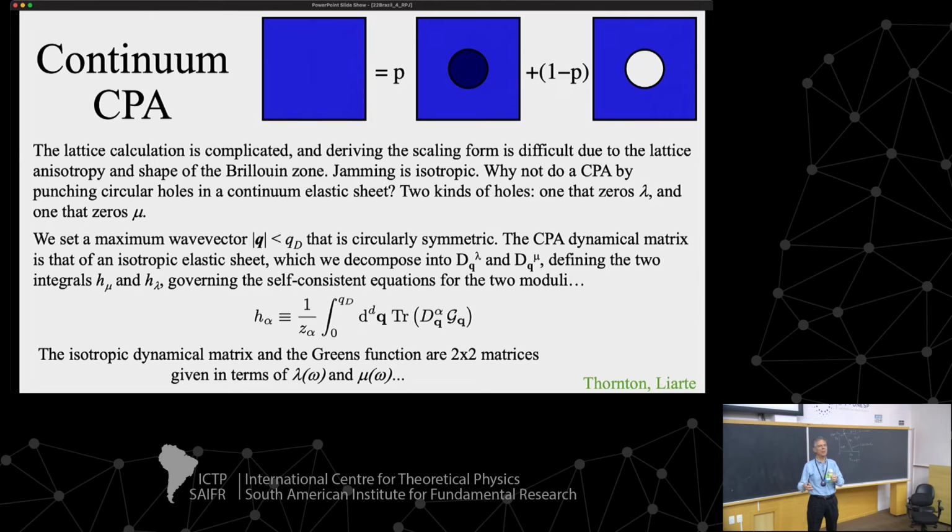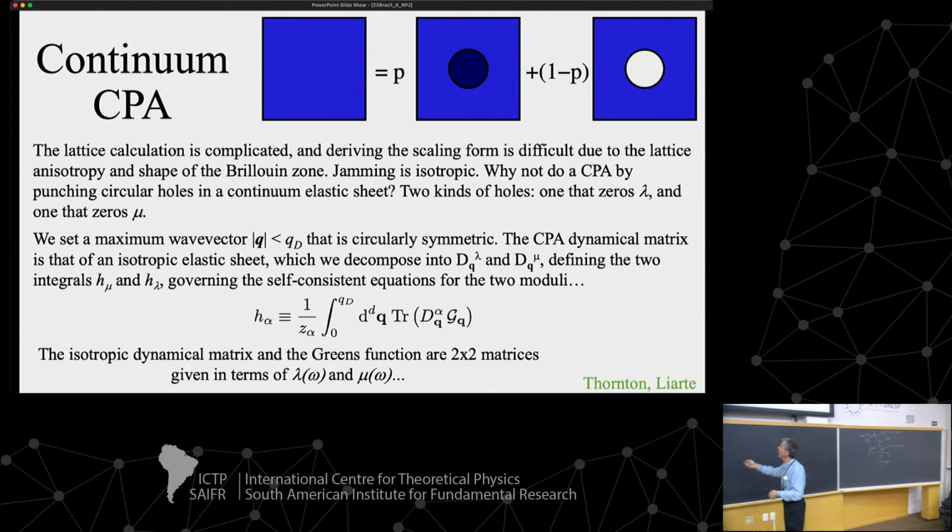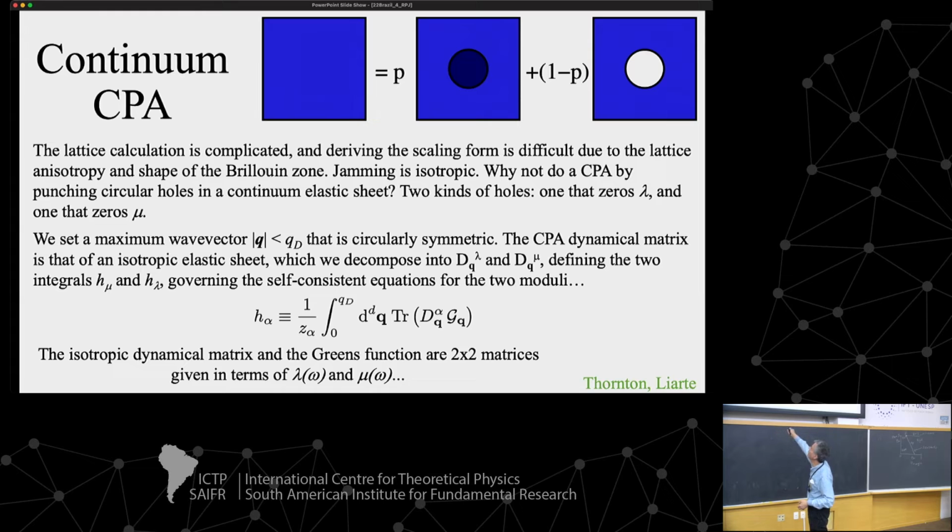And you subtract i omega squared times the identity matrix, or i omega gamma times the identity matrix, and invert that, and that's G. Okay? And those formulas I'm going to use in here. That's all I'm doing.